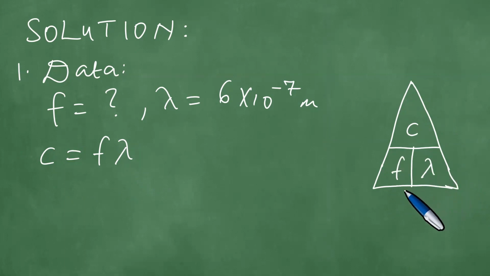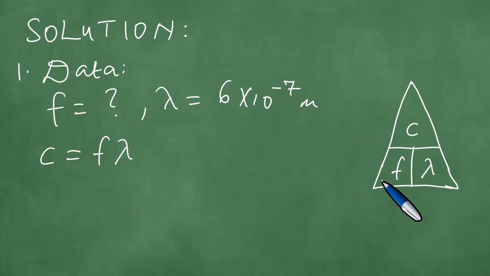Then we want to find the frequency. So what is the formula for the frequency? If you make the frequency the subject of this equation, what do we get, Luyanda? Frequency equals C over lambda.